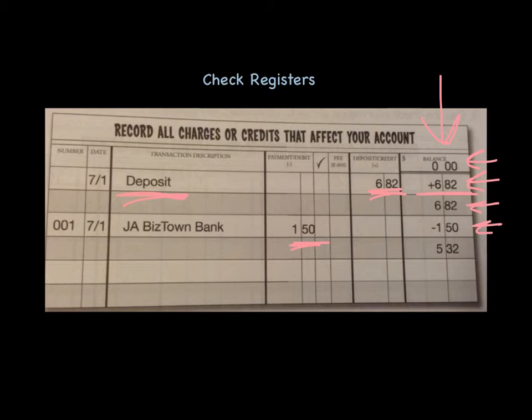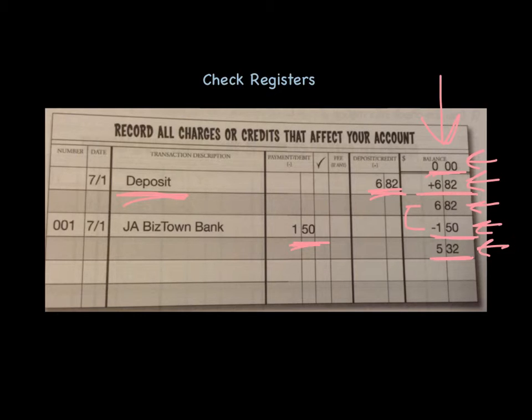So she's going to do $6.82 minus $1.50, and her total is going to be $5.32. That means after one deposit and after one purchase, she now went from having $0 in her account to having $5.32 in her account.